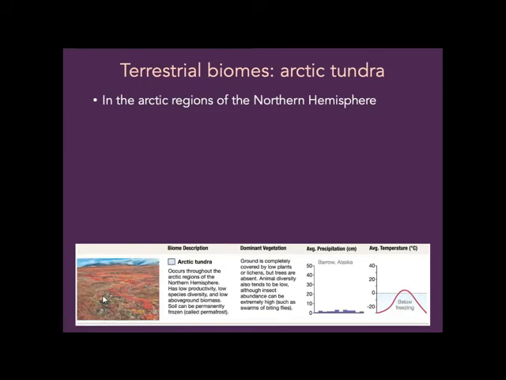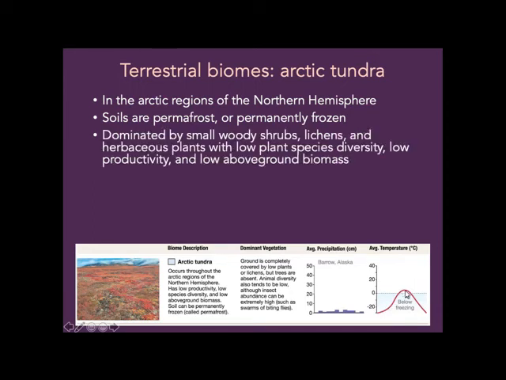All right, then finally, the last terrestrial biome we're going to talk about is the Arctic tundra. So that is in the Arctic region of the northern hemisphere. So the soils are permafrost, meaning that they are permanently frozen. So you can see here, temperature is almost always below freezing with only a little period of time above freezing.